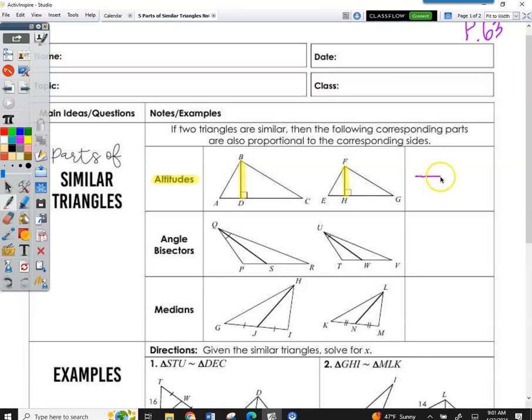Here it is. We're going to set up a proportion: fraction equals a fraction. Watch what I compared. BD, which is the altitude, compared to the altitude of the other triangle, so EG, as, now this next fraction could be anything.